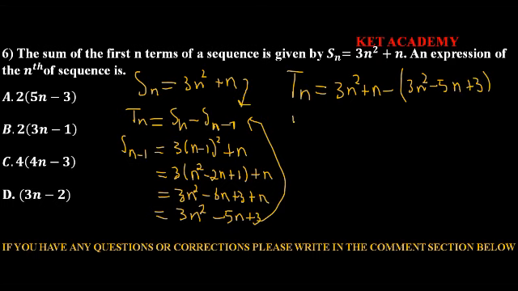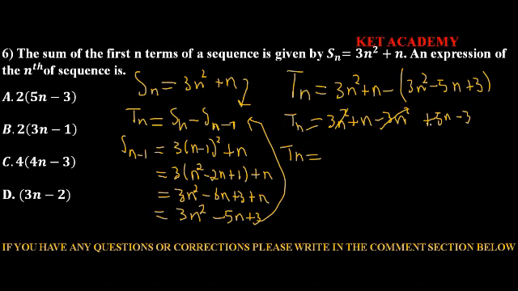So if we continue with our simplification, it is something like this: 3n squared plus n minus 3n squared plus 5n minus 3. Here I'm opening my bracket. So when I finish opening the bracket, Tn should be equal to, 3n squared will cancel with 3n squared.